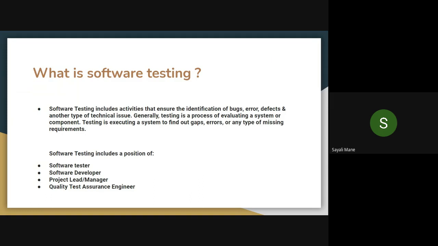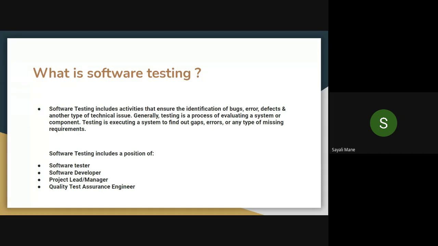Because whenever you go to a company, you will get a client. The client will give you lots of requirements and say, I want my product with these requirements, and you have to follow them and make the product. Before giving the final product to your client, you are supposed to test it to see whether it is working properly.